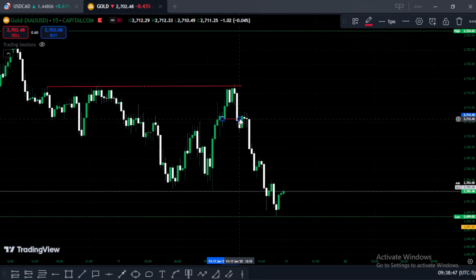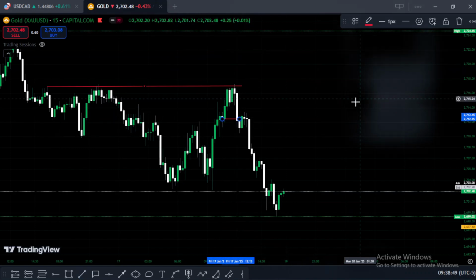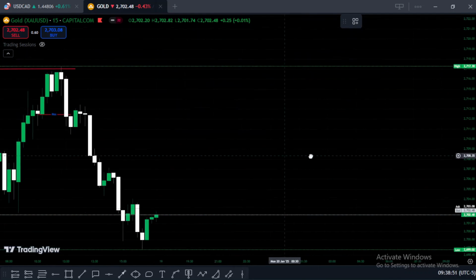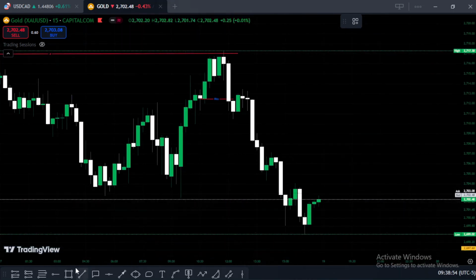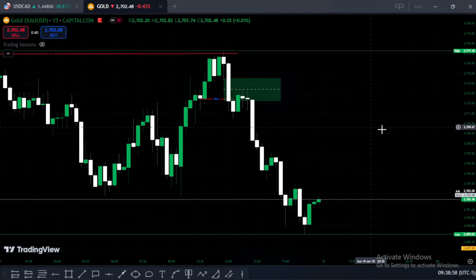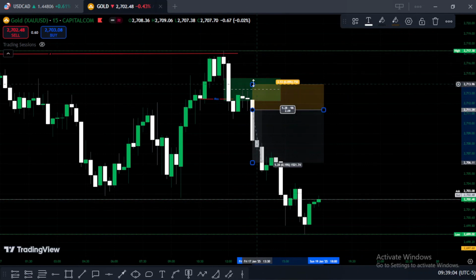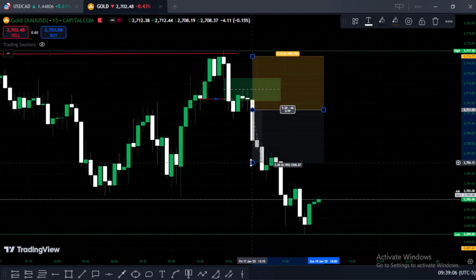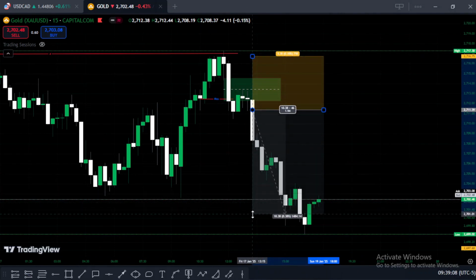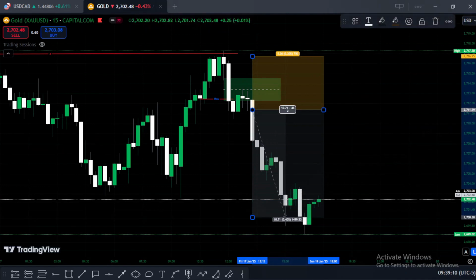So this becomes our market structure shift, and then the next thing you want to see is a bearish fair value gap. Over here we have a bearish fair value gap. Price fills it immediately, and that's where you are supposed to be shorting gold. Place your stop loss above this high, then go for our risk to reward, which is 1:2.